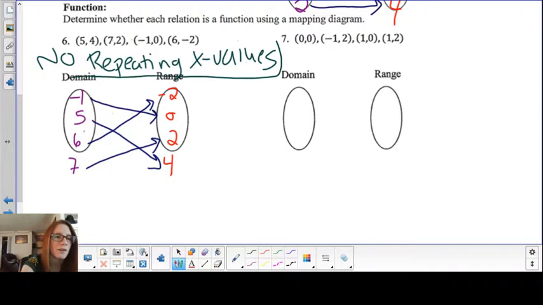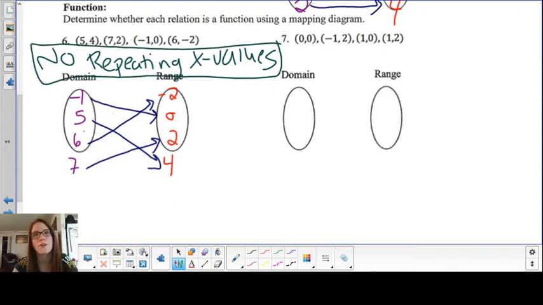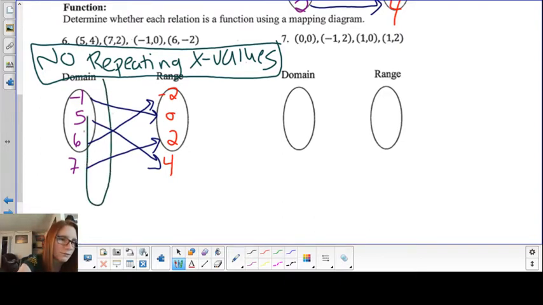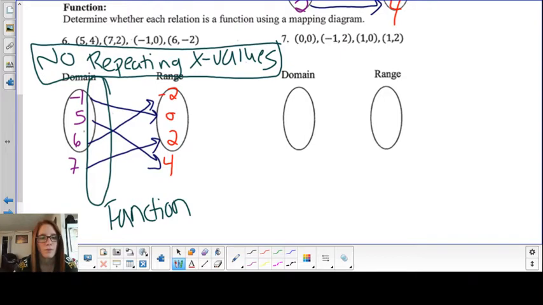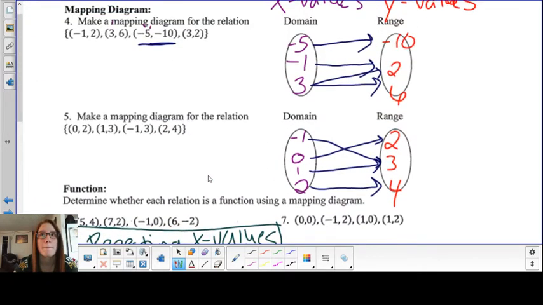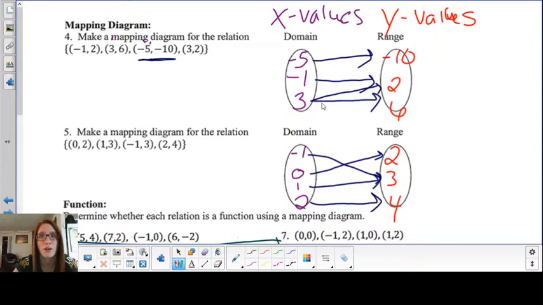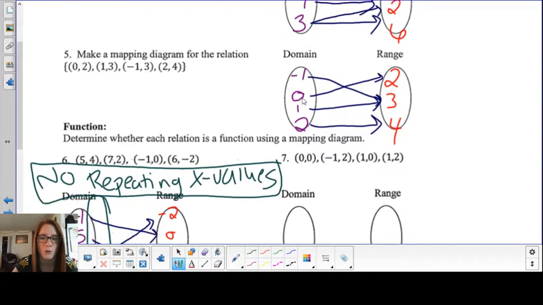That's the idea. That's what it means to be a function. It means your x's are only used once. So taking a look at my arrows, I see that I only have one line coming from each x. So this first one is considered a function. If I scroll up a moment, notice how my first example had 2 arrows coming from it? That's considered not a function because that x value is used twice.